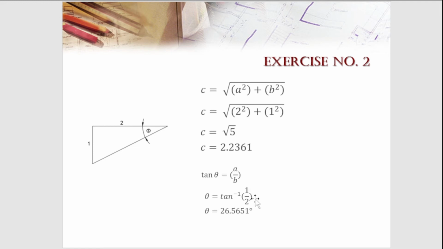So using this formula, our angle is 26.5651. Since this is from 180, we will add 180 plus 26.5651 for us to get the angle of this line.